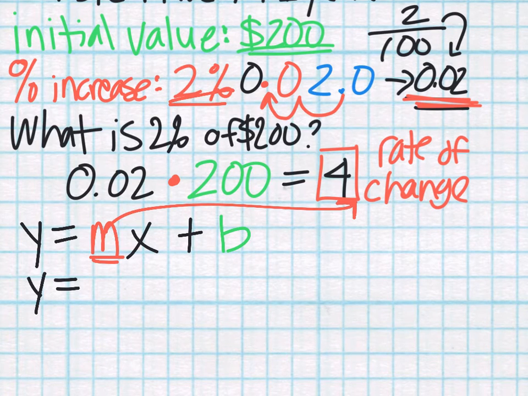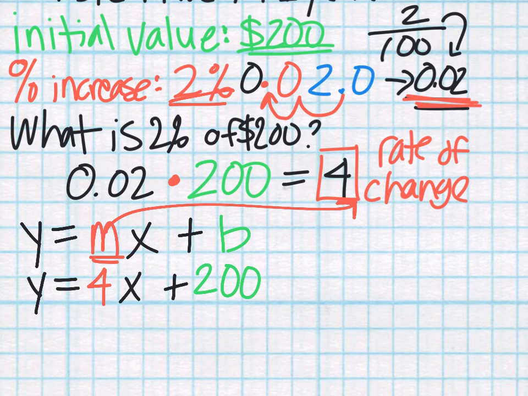So our rate of change in this case, she's going to earn $4 every month. So y is equal to 4x plus 200. And this is kind of a simpler way of doing these problems. There's an Algebra 2 version that you'll learn later that makes it more complicated, because what do we always do in math? We take what you already know and we make it harder. So this is our Algebra 1 version.